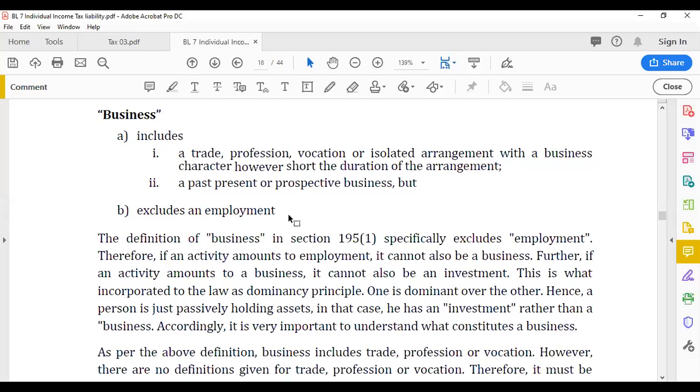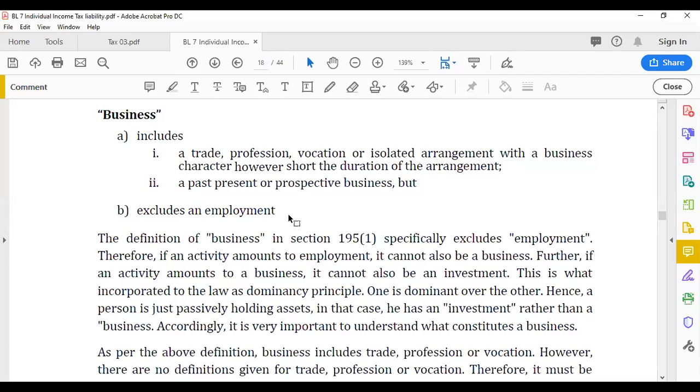Then vocation: carpenter, welder, plumber, and sanitary workers. These people come as a group under vocation. So can you differentiate between profession and vocation?